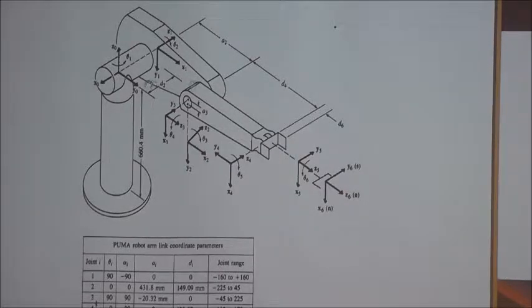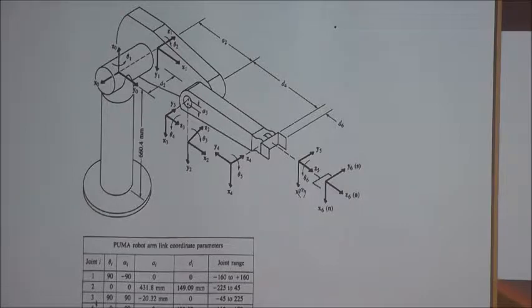And you have 0 to 6. You will have basically 7 coordinates. But the last one, 6, is actually coordinates in the Cartesian space.